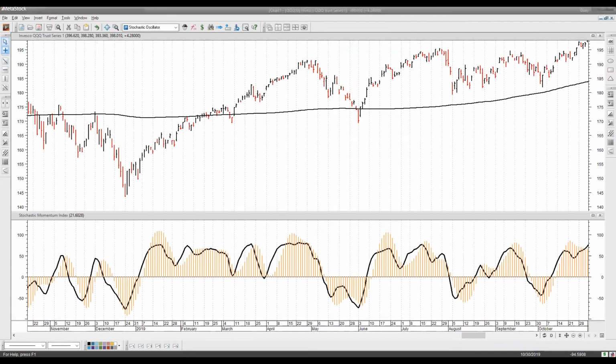Another indication that we look for is the SMI histogram positive. Once the SMI crosses above the zero line to the positive, it is further confirmation of the entry signal to buy. SMI above zero indicates price is above its historical average.